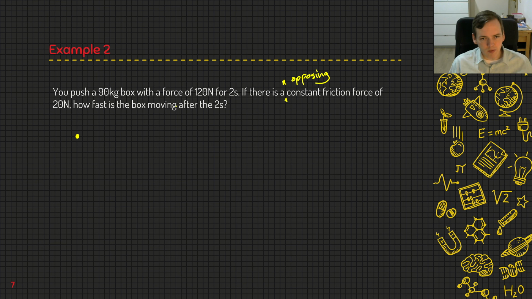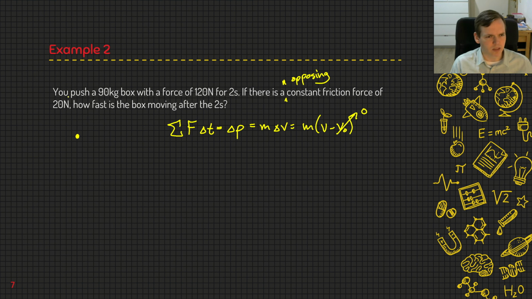So in this case we've got forces and we've got times, so we're going to think that we want to do net force times delta t equals delta p, which is also equal to m delta v, which is also equal to m times v minus v naught, where v naught is 0. That's also missing from here.